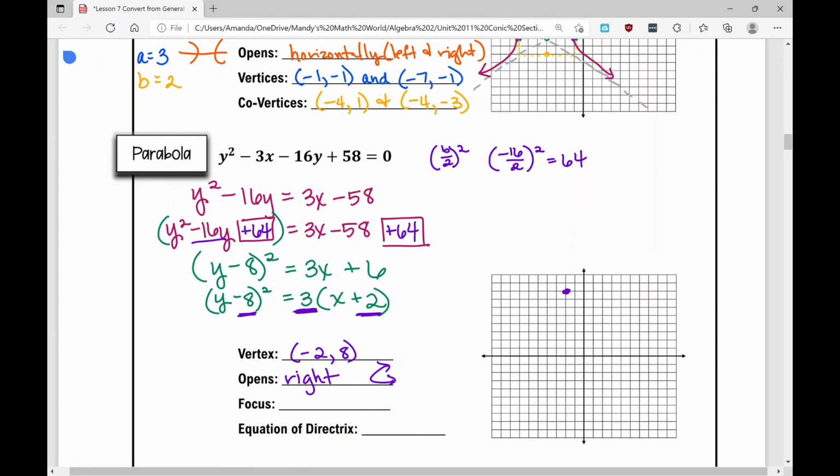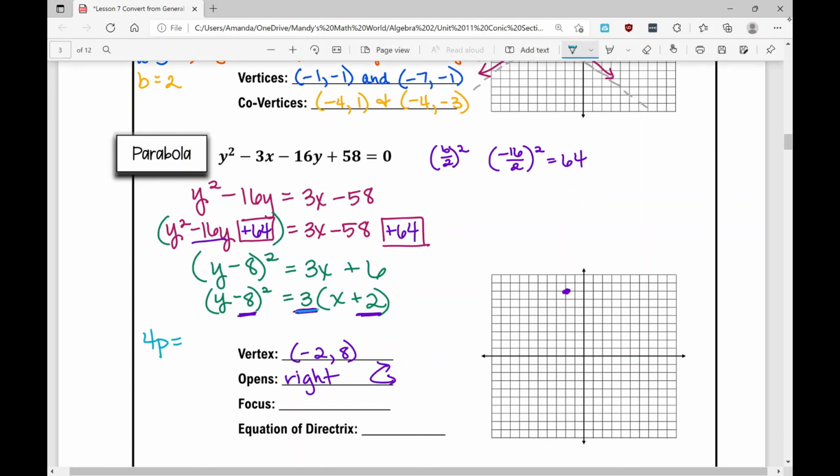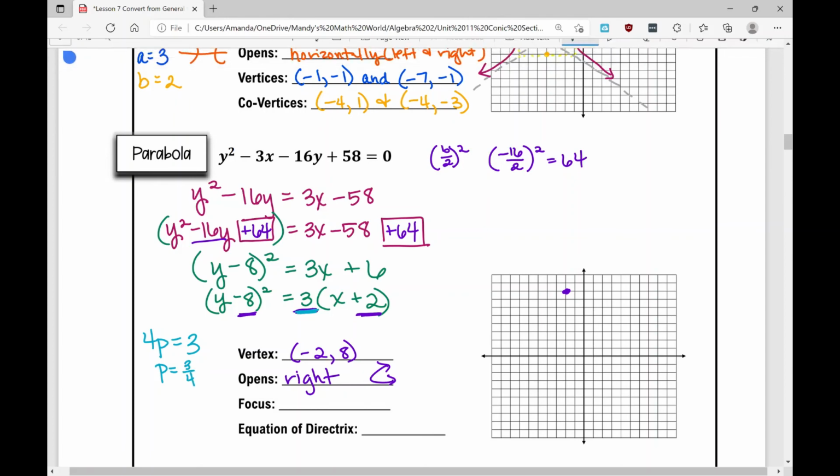And now let's find the focus. So I need to find the value of p. I know that my latus rectum has a length of 4p, equals 3, which means p equals, dividing both sides by 4, 3/4.